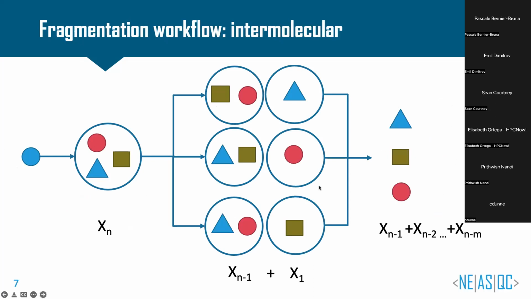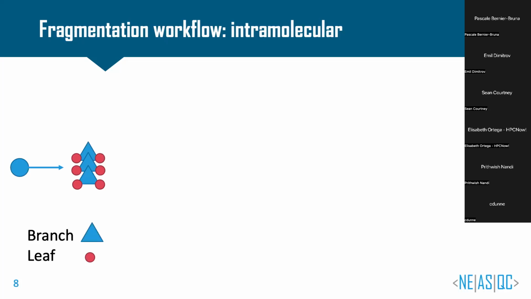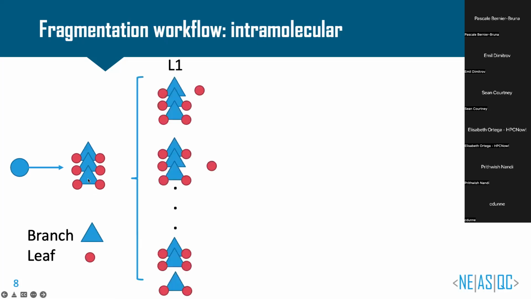In terms of the intramolecular fragmentation, which is the bond breaking, for a given molecule, Kraken analyzes the structure of the molecule, identifies which are the branches, which are, let's say, the core, and the leaves, and produces a fragmentation in different levels.